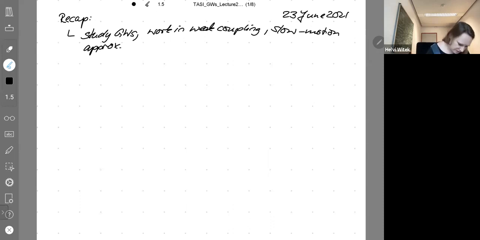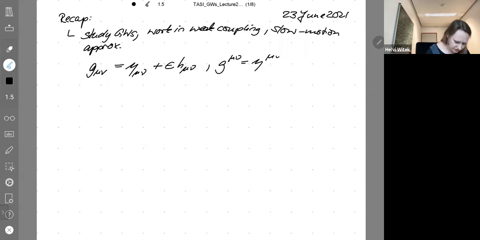That is, we can write our space-time metric g_μν as a background metric, for which we choose the flat metric η_μν, plus some small perturbation h_μν that we count with the order parameter epsilon. The inverse metric can be written in the form η^μν minus epsilon h^μν, and then we would have higher order corrections.